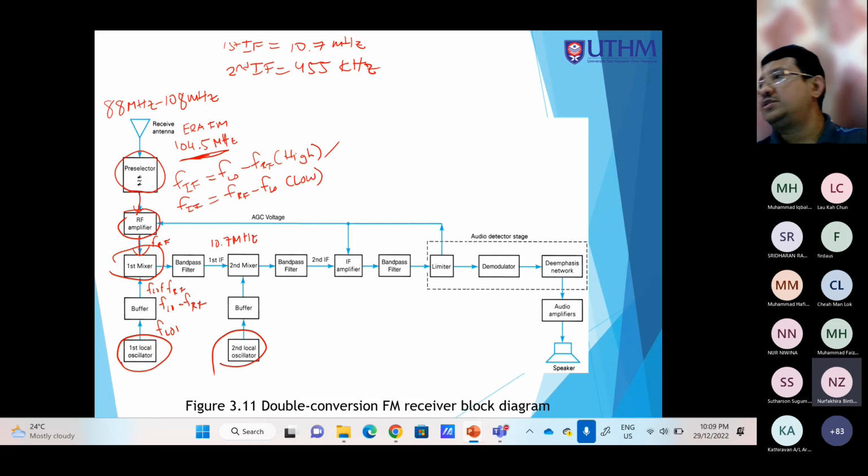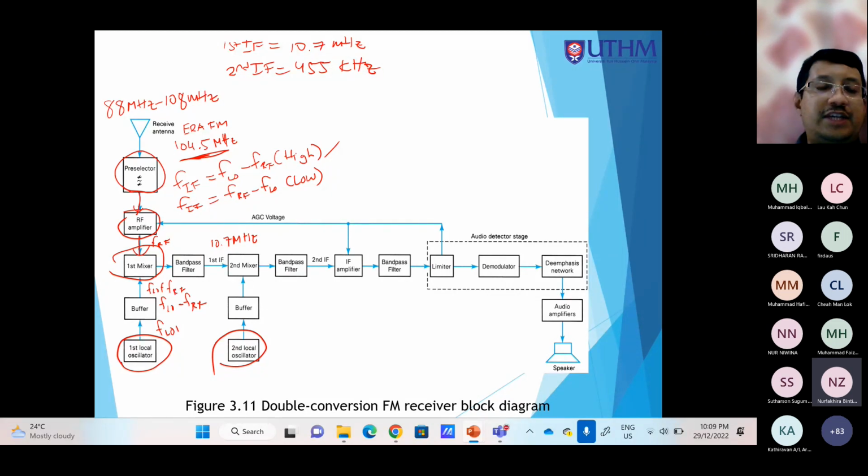Okay, so how much is the FLO that I want to use here? If I want to use a high side injection, that means my local oscillator frequency would be higher.